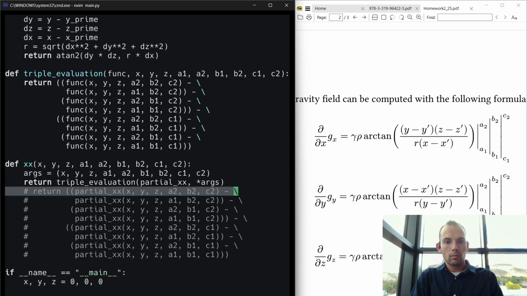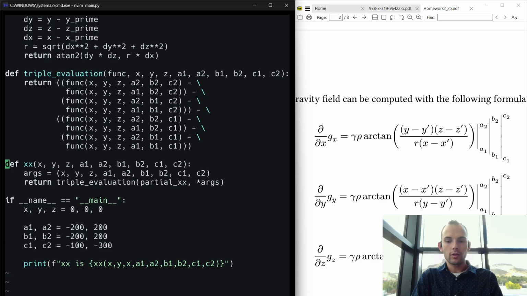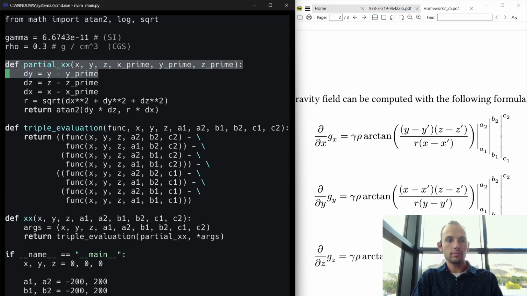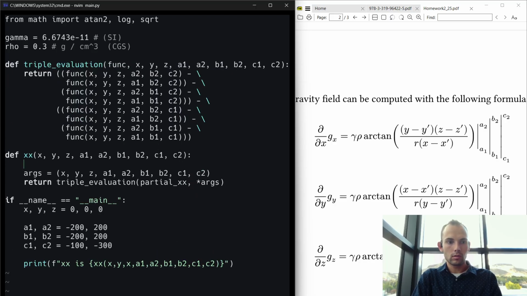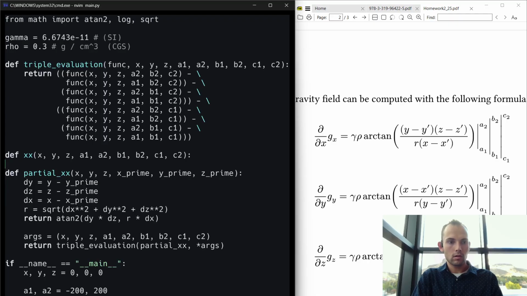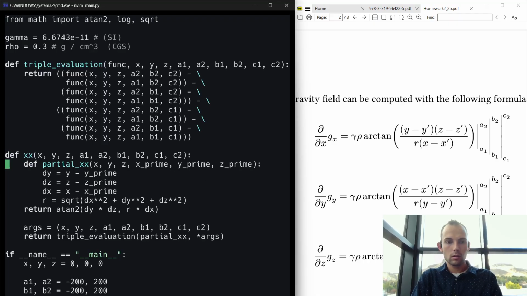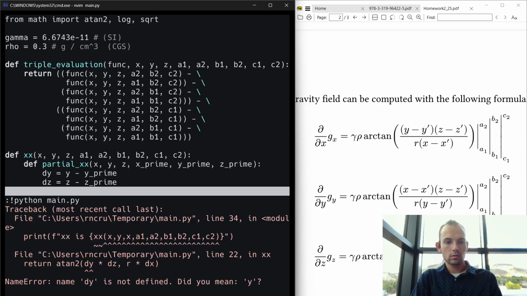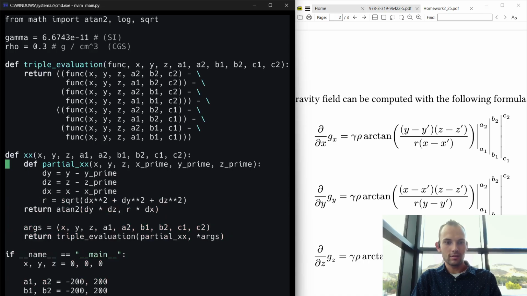Okay. Look, the reason I moved that triple evaluation into a helper function is that technically we can do some real nasty stuff. I'm just going to define that function inside that function. Is that allowed? Oh, is it not allowed? Correct indent.